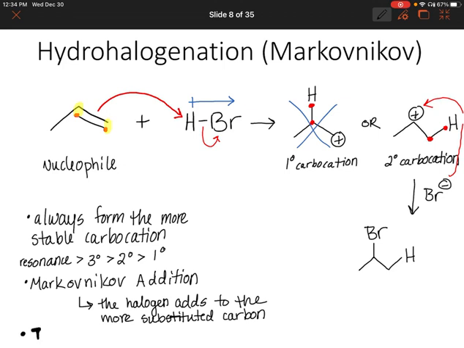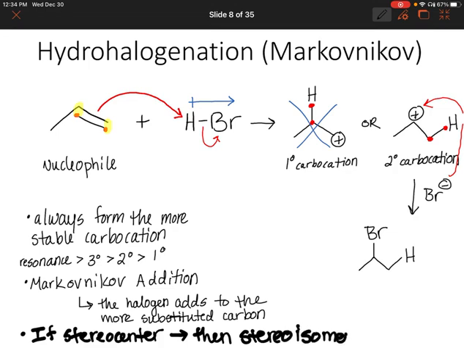So if there is a stereocenter, then you have stereoisomers. And I'm not sure why my pen decided to go bold, but it did. So we will talk about that in a bit.